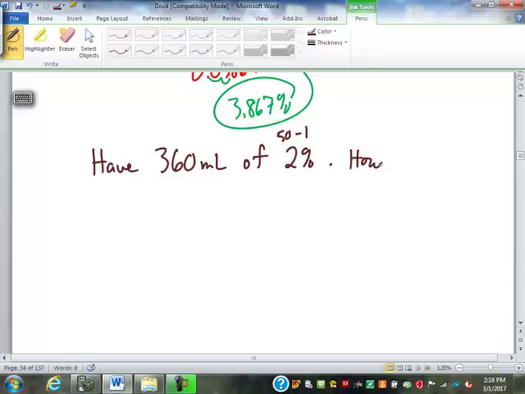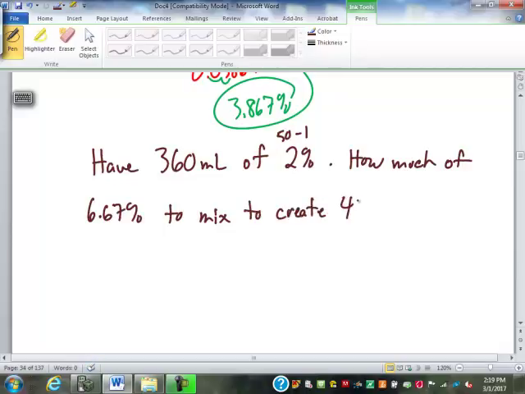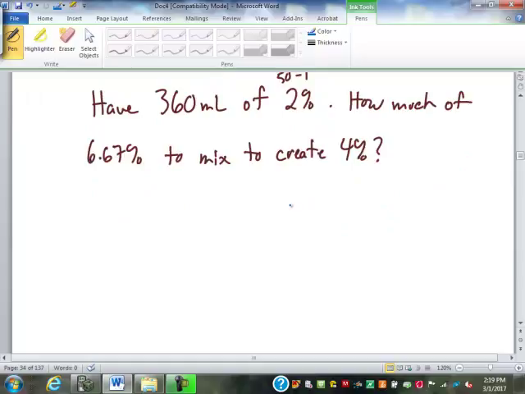How much of that 15 to 1, the 6.67%, do we need to mix with that to create that desired 4%, or that 25 to 1? So what we have here is our 2% that we were mixing with our 6.67%, trying to create that 4% mixture.